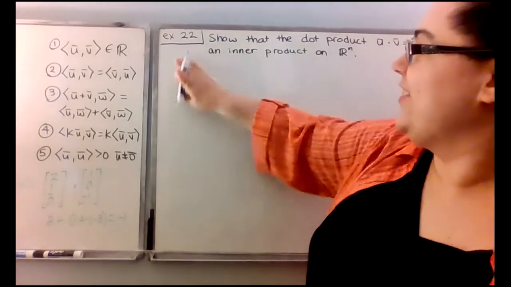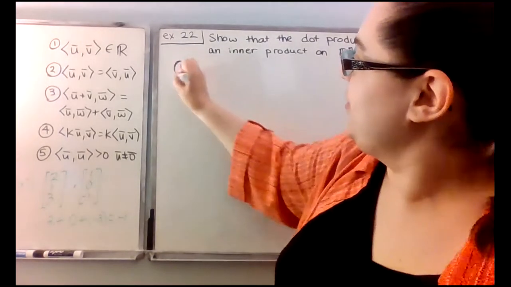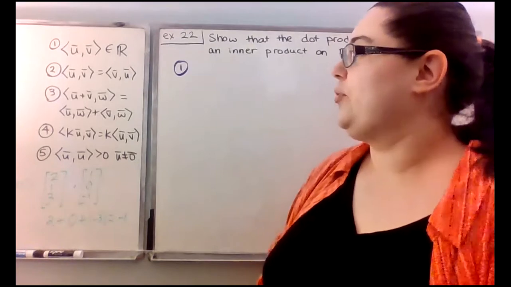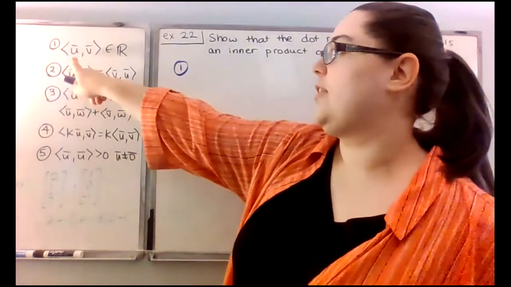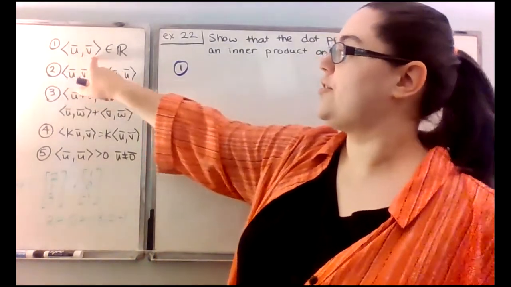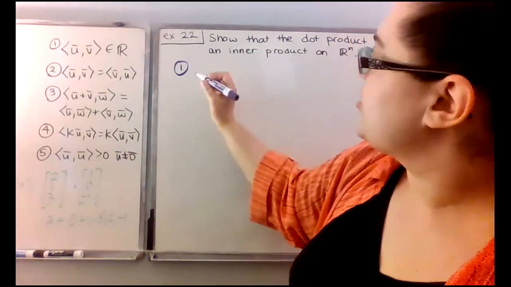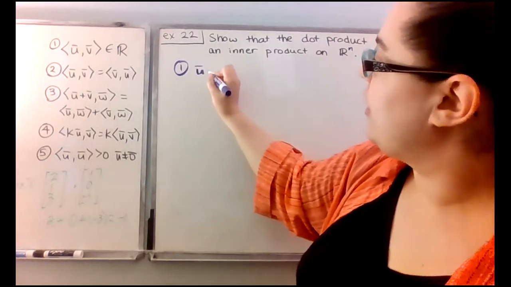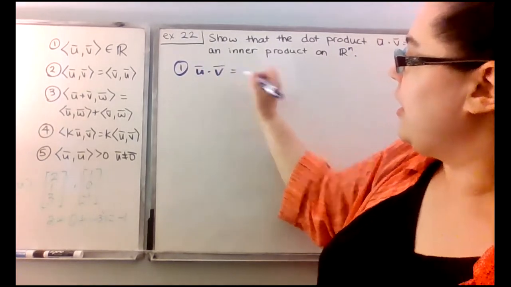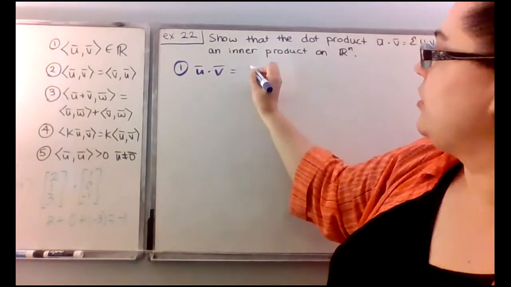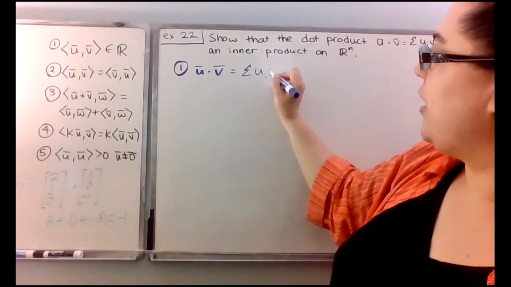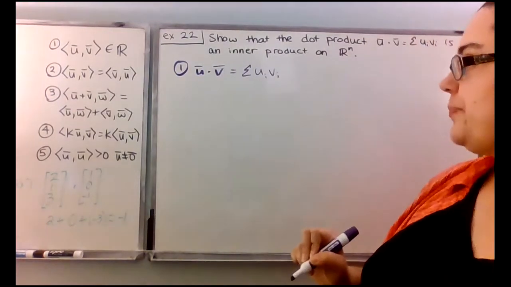Let's try that again. So for the first one, we're going to show that the dot product between 2 vectors is always going to be a real number. So I'm going to start out with u dot v. Well, that's equal to the sum of the ui's times the vi's.